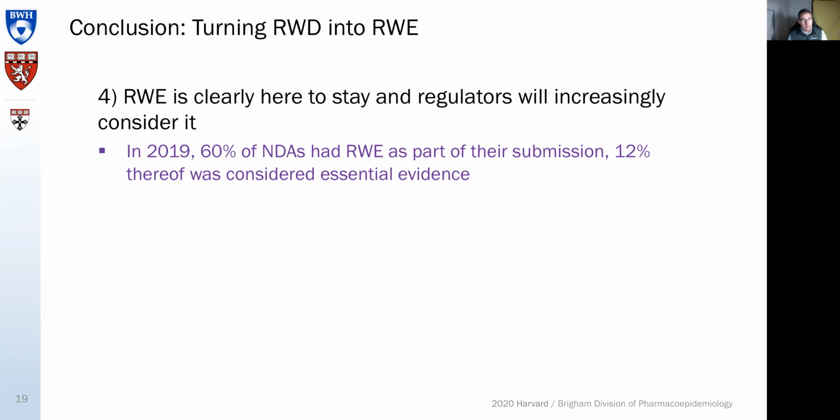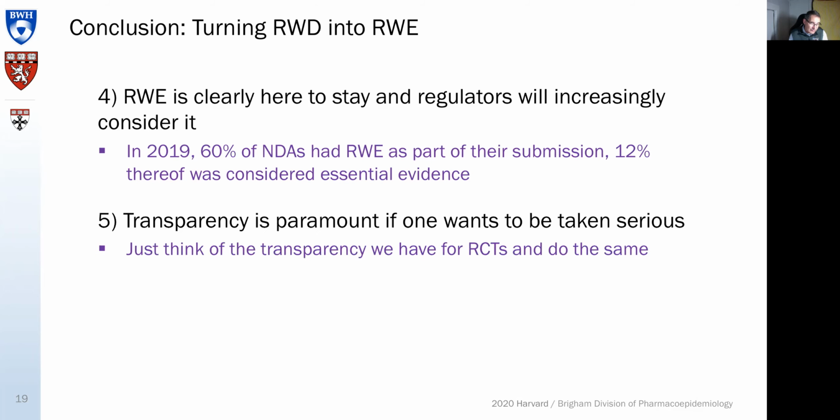That is really important to realize, that basically saying that will be replaced RCT evidence. And sometimes there's success and sometimes there isn't, but you see the movement here. Very exciting. Transparency is paramount if one wants to be taken seriously, like with an RCT.